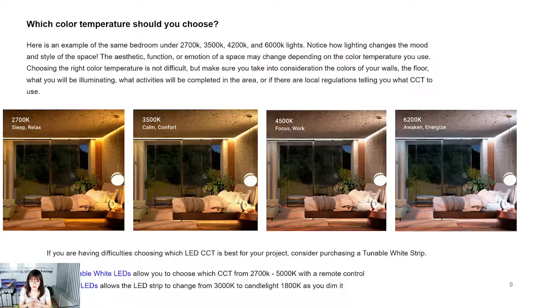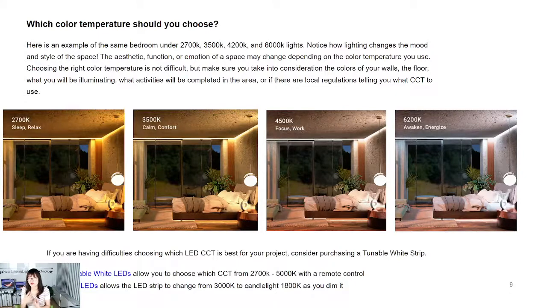The third one is 4500 Kelvin. In this color temperature, you feel focused and concentrated on something, like when you need to read or work. And the last one is 6200 Kelvin. It makes you feel very energized, awakened. This color temperature is highly applied in shopping malls.